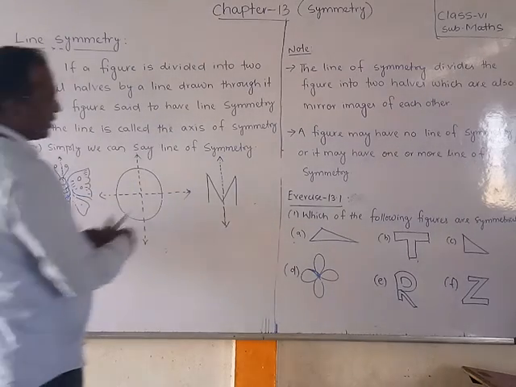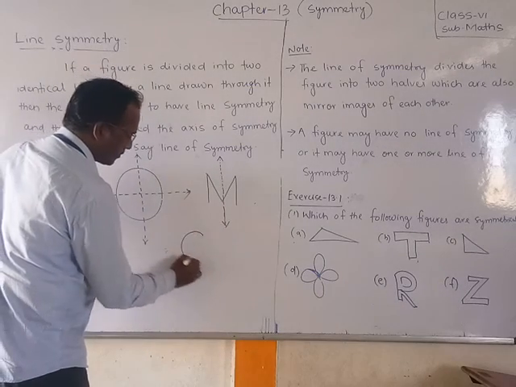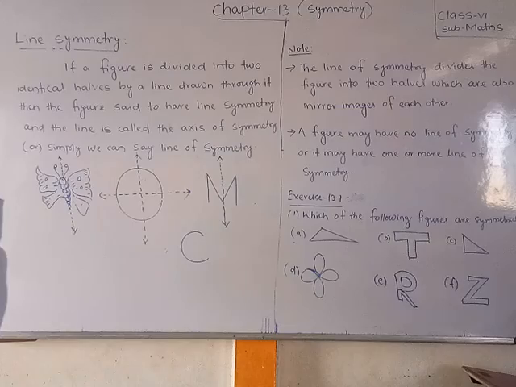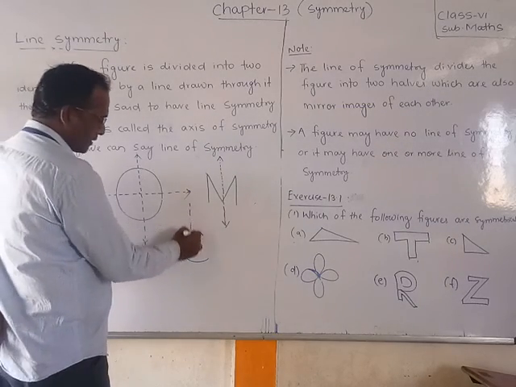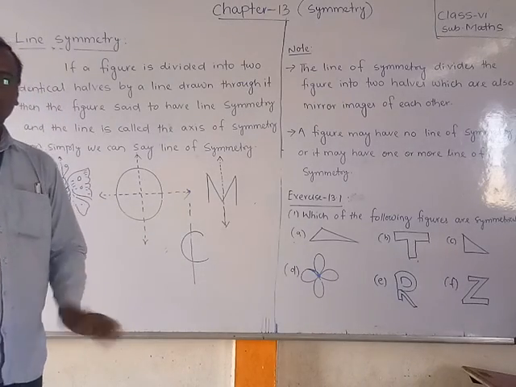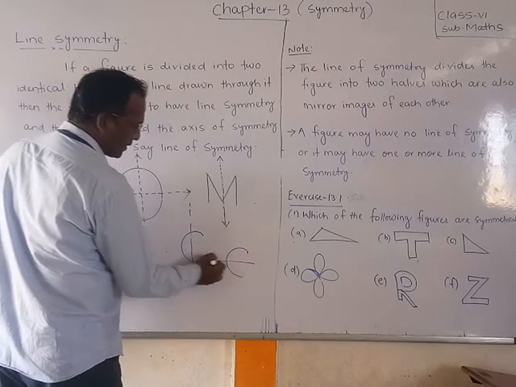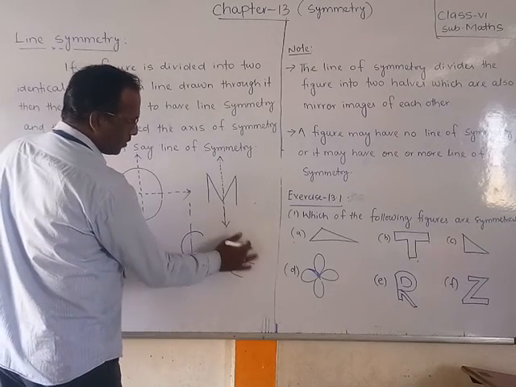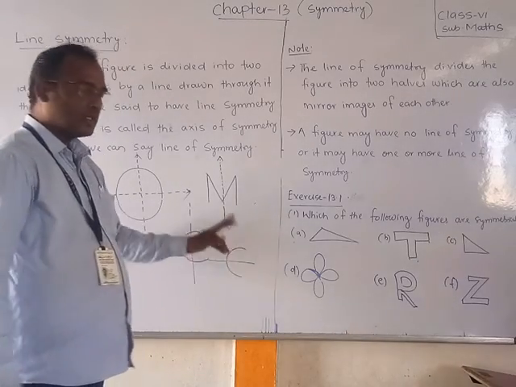Suppose I write C. This is one figure. If I draw one perpendicular line, is it two halves? No. But if I draw like this, it becomes two equal halves, so it is called a line of symmetry.